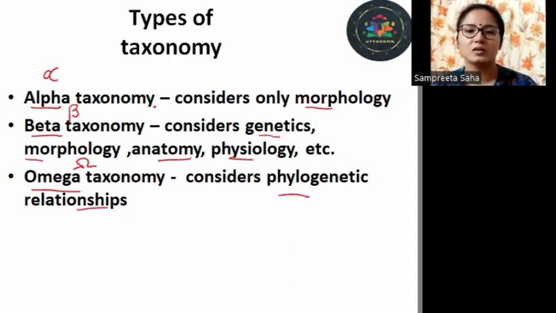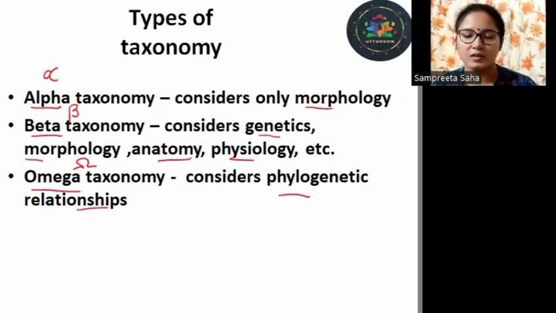If you remember, in the last lecture I discussed what phylogeny is. Phylogenetic means the evolutionary relationship between two organisms or the organisms of a group. So in case of omega taxonomy, we are considering the evolutionary relationships of the organisms.